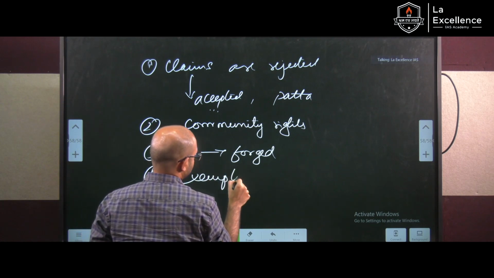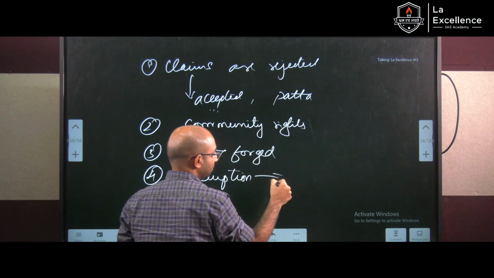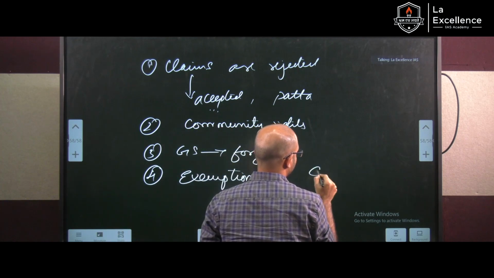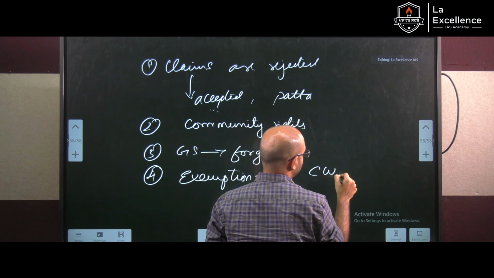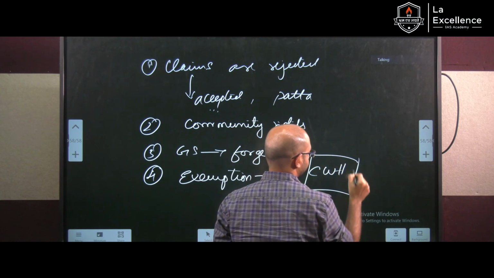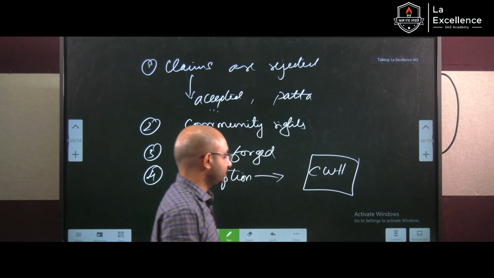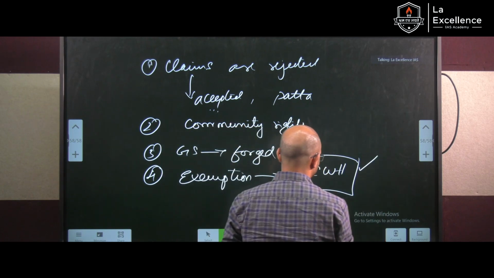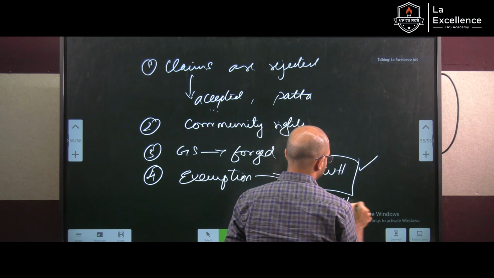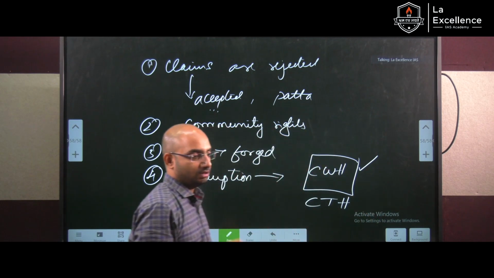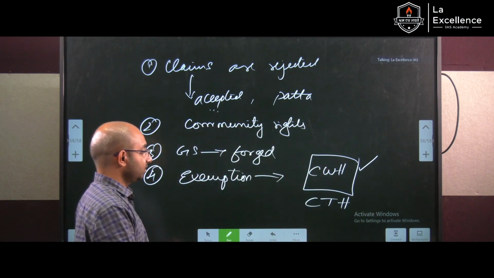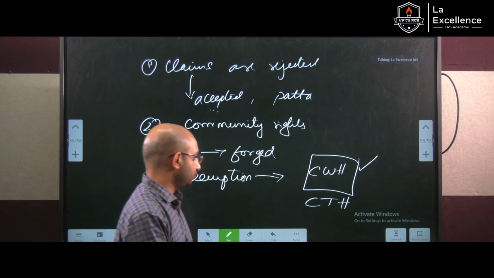Next, it is being violated by using the exemption. There is only one exemption for the Forest Rights Act, that is exemption under the Wildlife Protection Act. If a region is declared as critical wildlife habitat, then in that area you can't claim forest rights. So they are just declaring areas as critical wildlife habitat or critical tiger habitat, just to exclude those areas from coming under this jurisdiction.